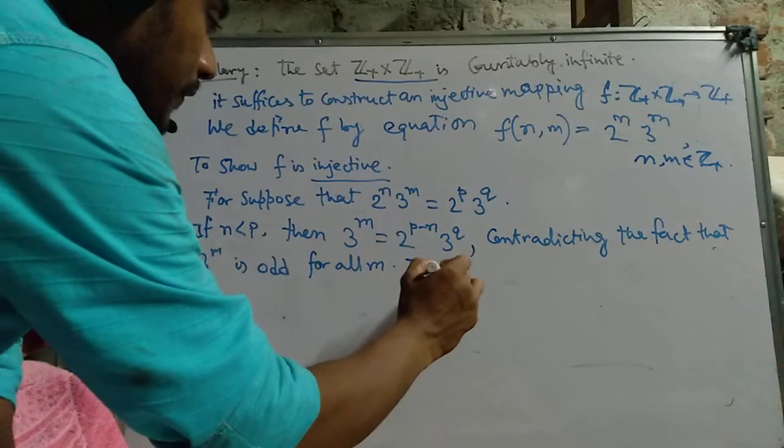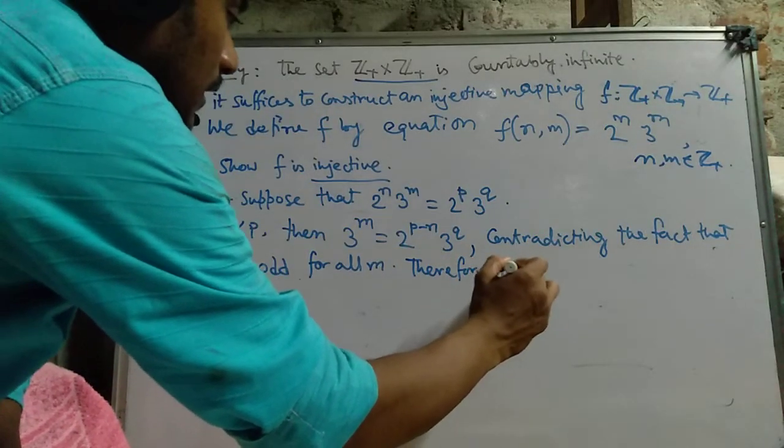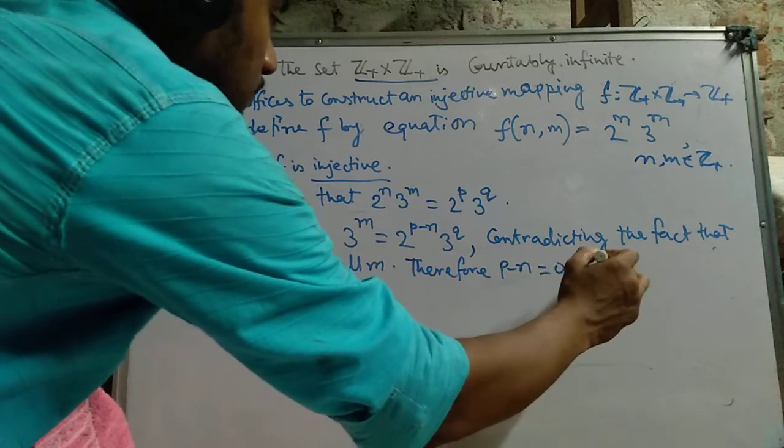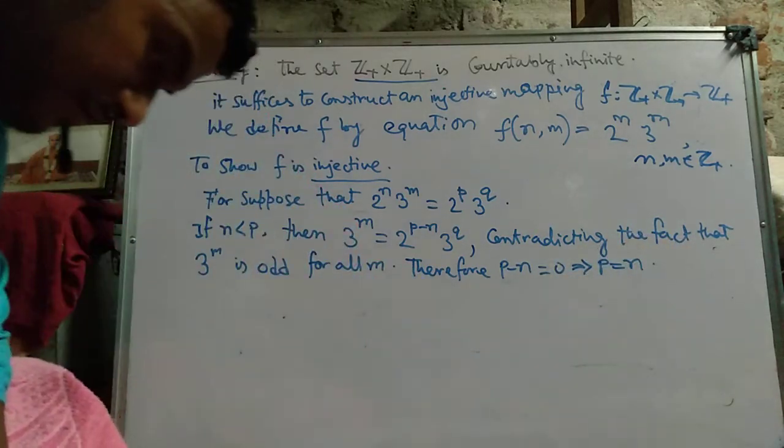Therefore p minus n equals 0. This implies p equals n.